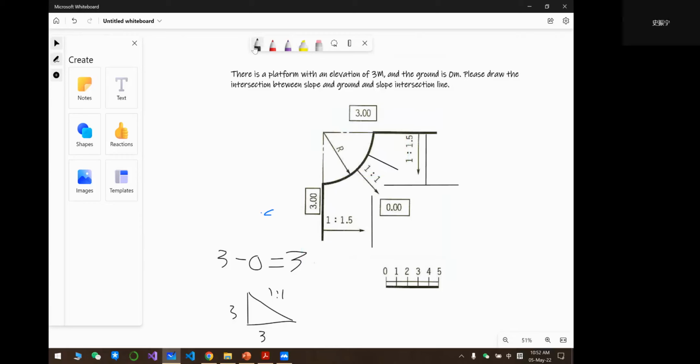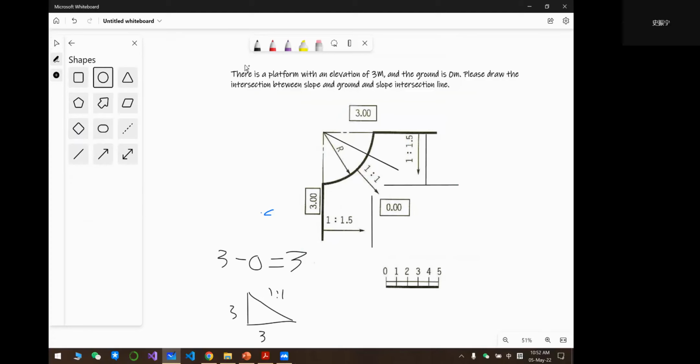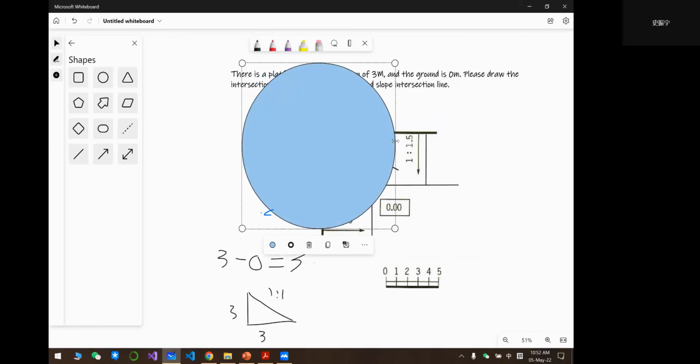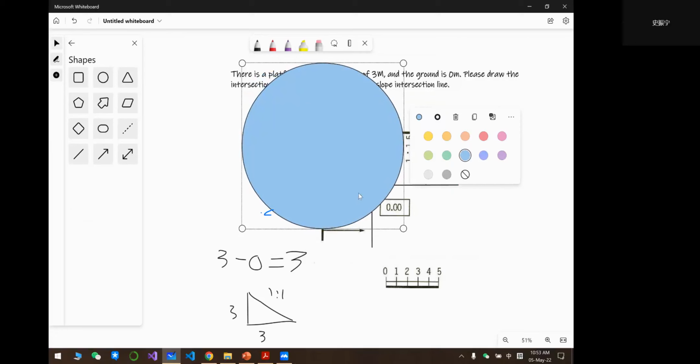And now please use a compass. Use a compass to draw a circle. Because there is no compass on the whiteboard, I use this one as an example. It's not very accurate, but just the meaning.